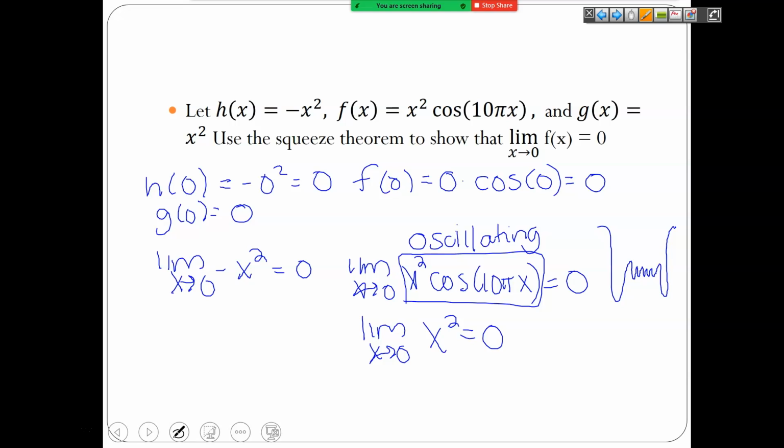So when you smash it between the two x squared functions, it goes like this, it goes like that, oscillates between them. And as you zoom and you zoom and you zoom, eventually all sit together.